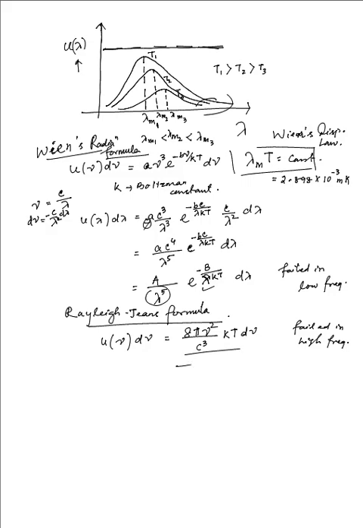What exactly happens over here is that for the higher frequencies, when the wavelengths are very small, this will go to infinity, of course. Thank God it doesn't go that way. Why? Because if they were going backwards like that, that means the energy is increasing for lower wavelengths.